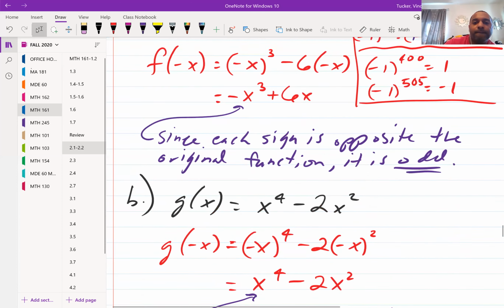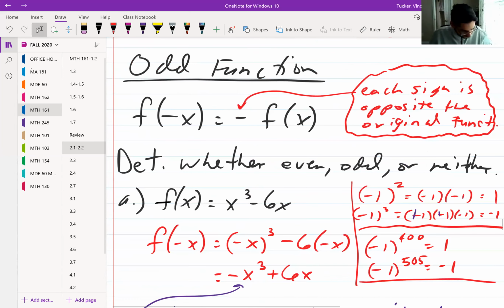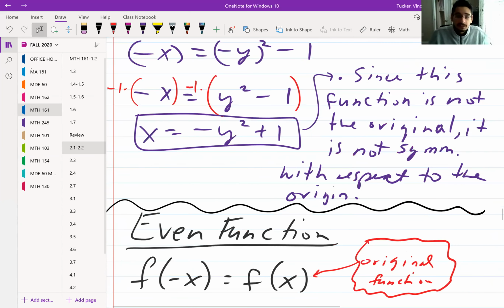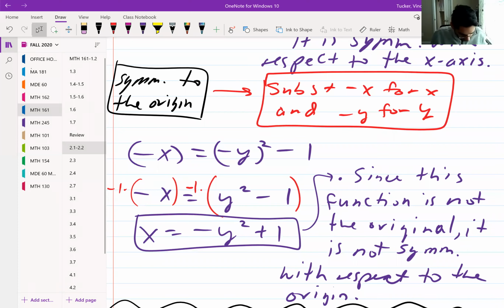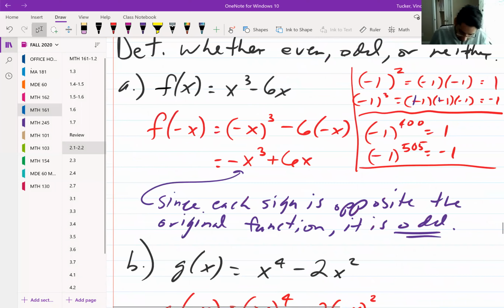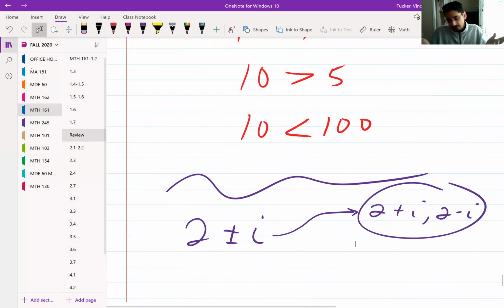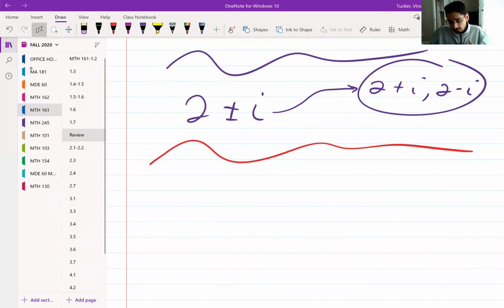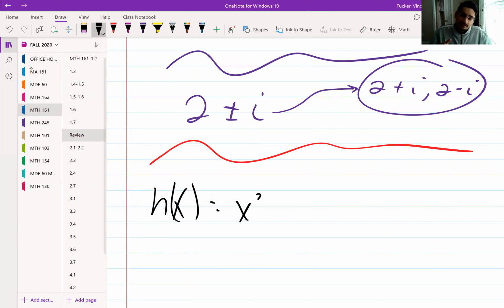So when you're trying to solve it, let me give you an equation. Let's say h of x equals x to the third plus 2x plus 5. Everywhere there's an x, you just plug in negative x.